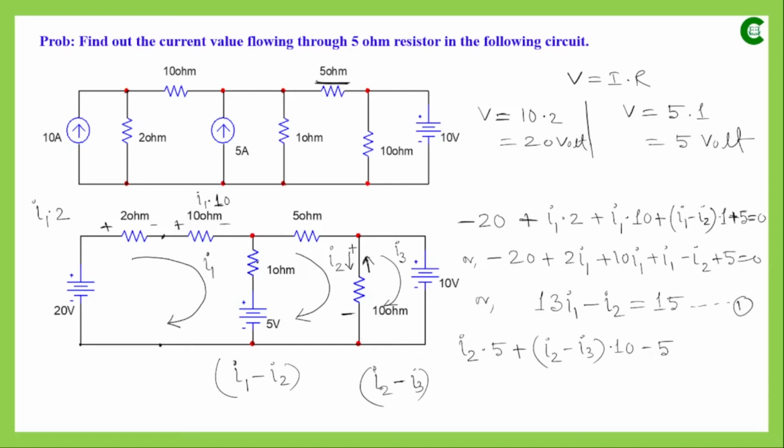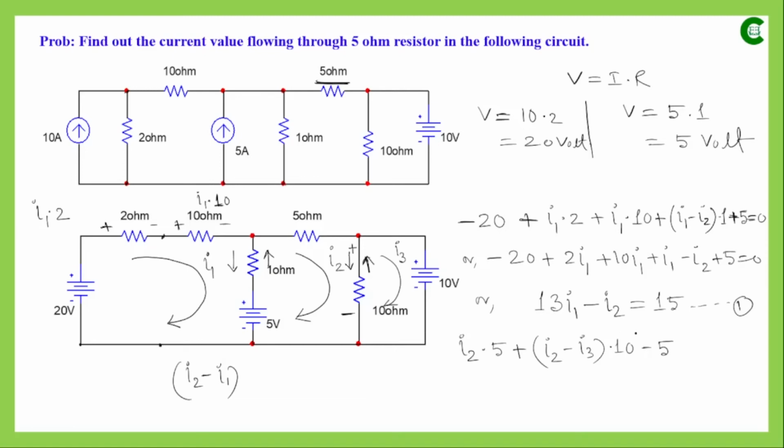Then the next component is this 1 ohm resistance. We are in the second loop, so the resultant current through this 1 ohm resistance will not be I1 minus I2; this time it will be I2 minus I1. I2 is flowing in this direction and I1 in the downward direction, and we are in the second loop, so the resultant current through the 1 ohm resistance will be I2 minus I1.